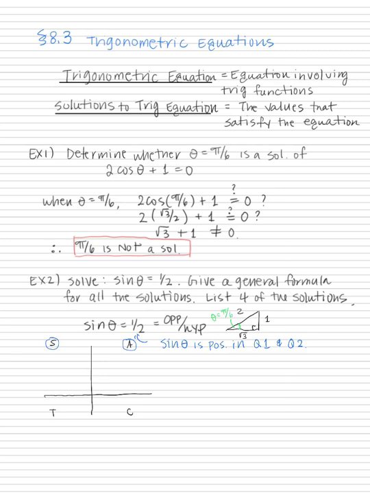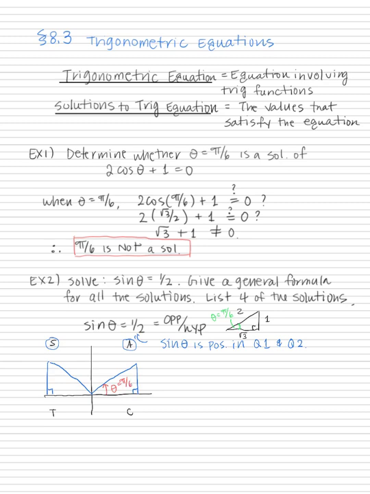So what you need to do is draw the triangle in both quadrants, pretend those are the same triangle. From here to here is theta equals pi over 6.